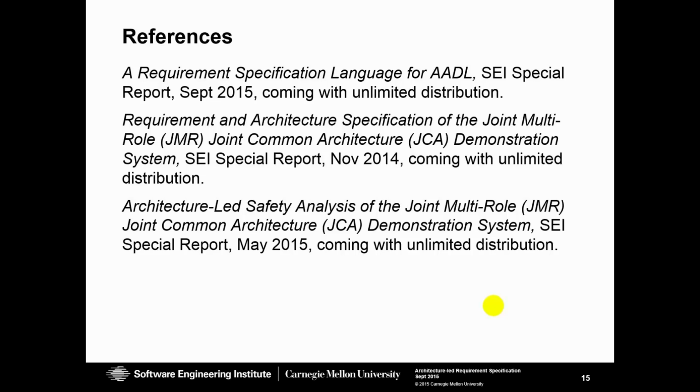One originally published in November 2014 as a limited distribution report on the use of requirement specification and the development of the architecture model that we used in this context, and the second one on using the same setup for doing safety analysis as part of the whole process. Both of those are also currently in review for unlimited distribution.